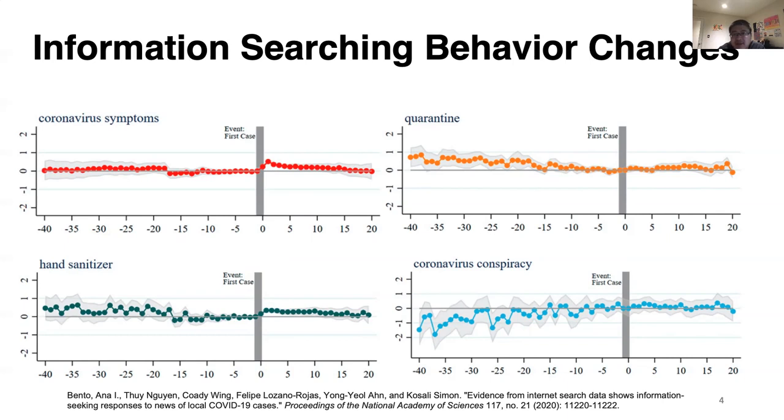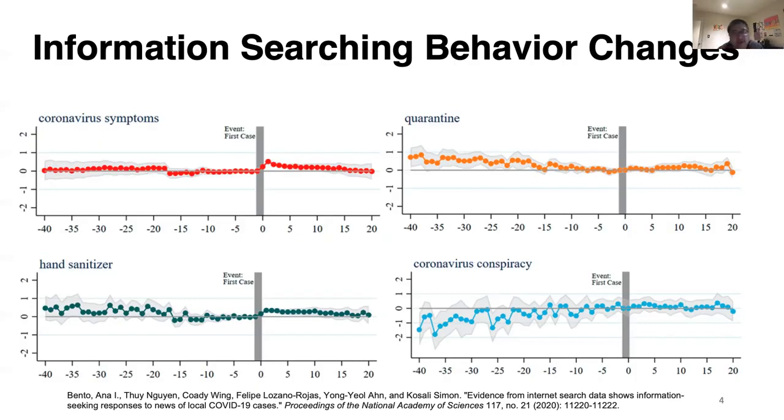The point estimated coefficients are dotted lines, and the gray band shows the 95% confidence interval in the Poisson models. The average search frequency per state per day is about 8,500 for terms like coronavirus symptom, 3,200 for hand sanitizer, about 2,200 for quarantine, and 200 for coronavirus conspiracy.